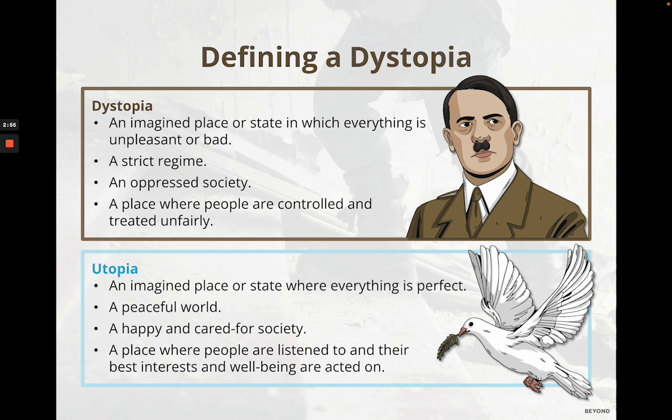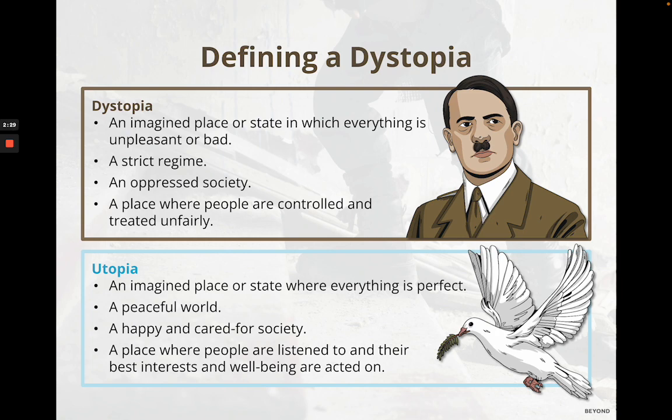The society is oppressed, meaning that the people are lacking in choices, lacking in options, lacking in resources. And finally, it is a place where people are controlled or treated unfairly, meaning that, again, all of these stem from one another, but they are treated poorly based on the rules and resources of the regime, of the ruling party.